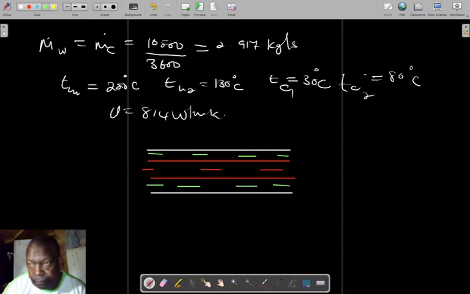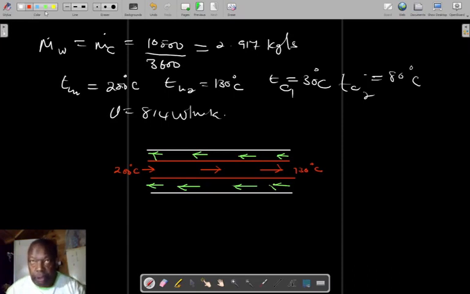So supposing this is our hot stream, that is the hot stream, and the temperature is 200 degrees there. The temperature is 130 degrees C there.